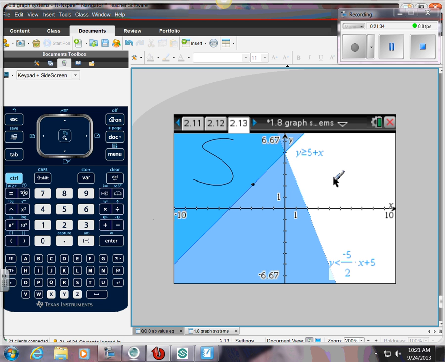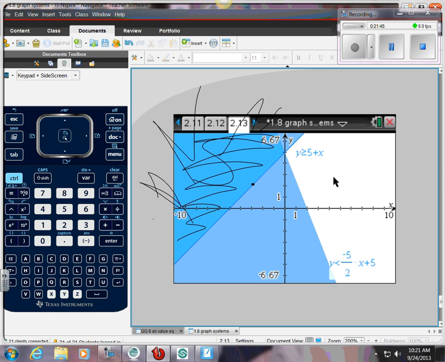No. Okay, so if it's on the solid, it's a solution. If it's on the dotted, it's not. Got it? Okay, so here are all of my solutions. Now, of course, they extend out, right? This doesn't just end. So how many solutions do we have? Infinite. Okay? It is a lot, I guess.